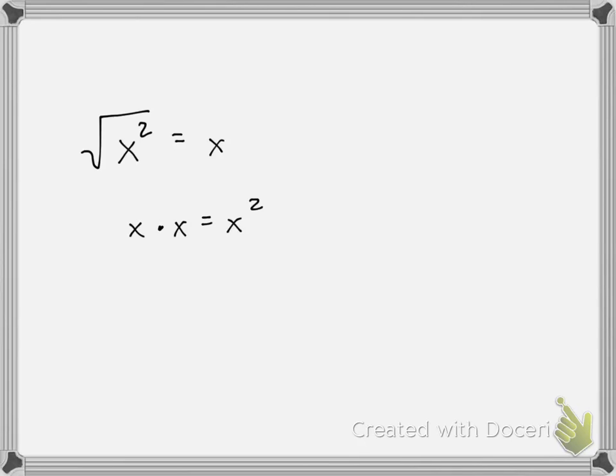And we need to talk about something else, which is perfect squares. That term is used a lot in math, but what do you think a perfect square is? When it's two whole numbers. Okay, and you're right there.